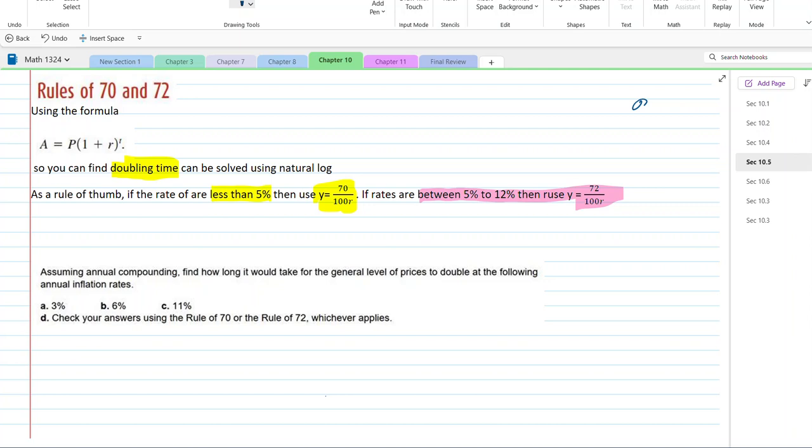We are now at the last portion of our study, and we're talking about the rule of 70 and 72. Now, the formula A equals P times (1 plus the rate) raised to the T is used to find the doubling time.